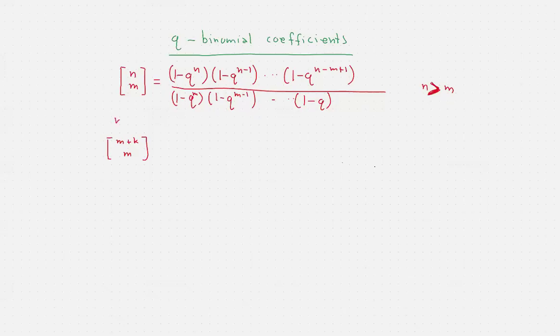So here's what we do. We consider a rectangle that has dimensions m and k.